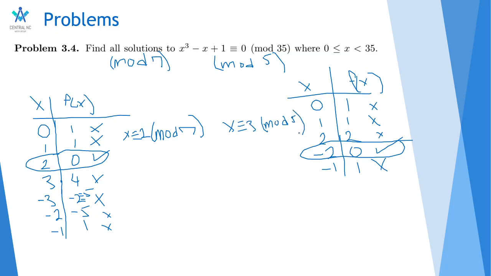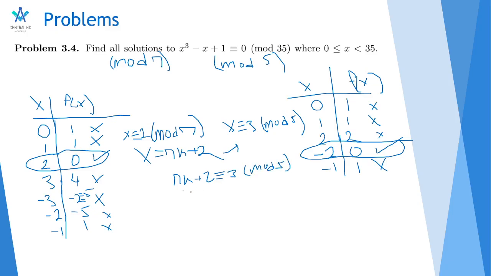Now we have a system of congruences, which we can easily solve. x is equal to 7k plus 2. Substitute this back here, which gives 7k plus 2 is congruent to 3 mod 5.